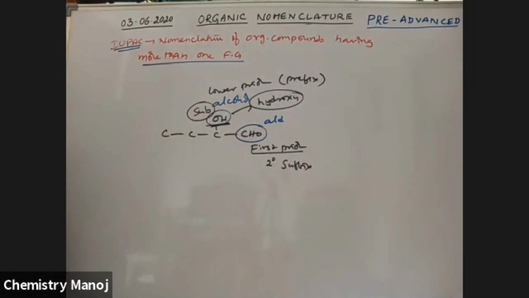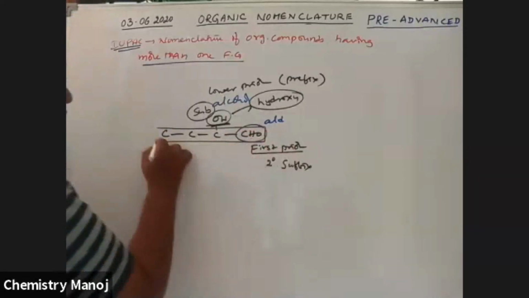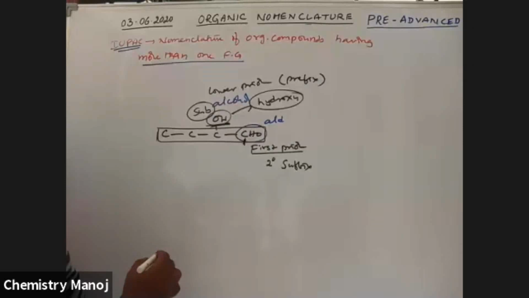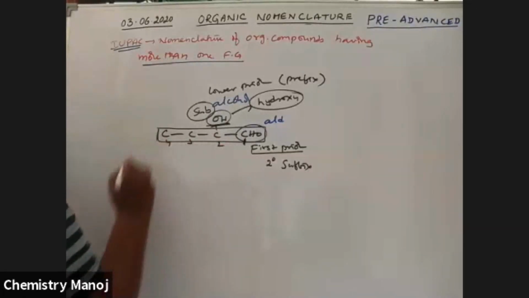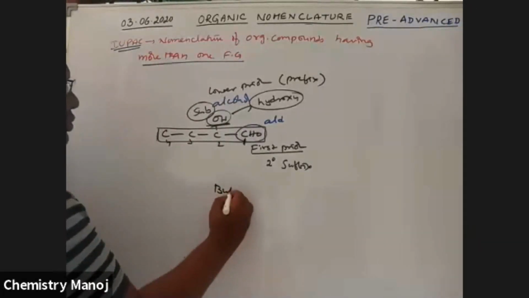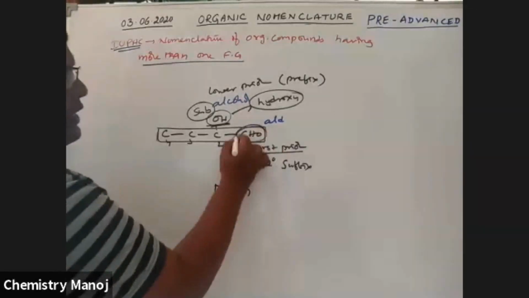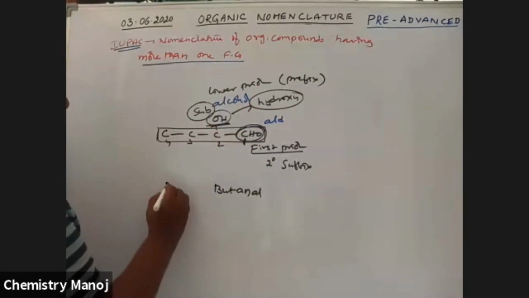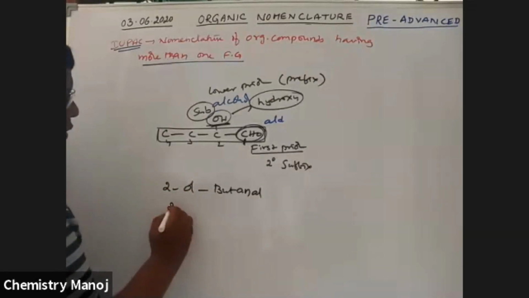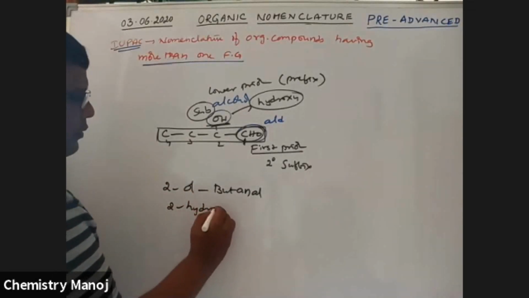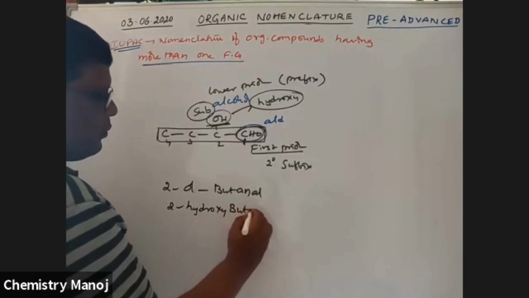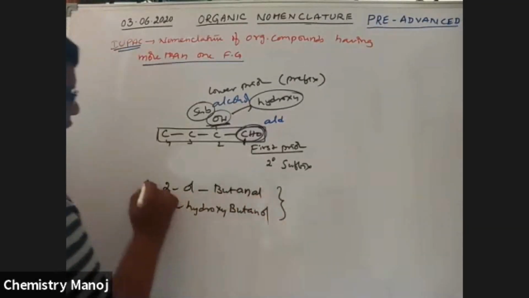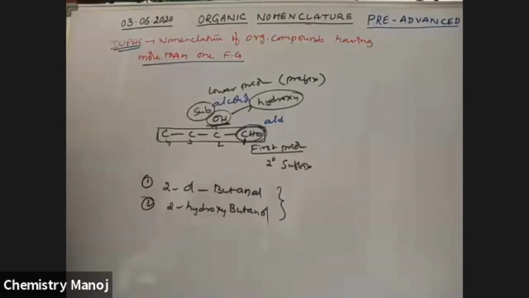Therefore, take the longest chain. If the functional group contains carbon, that should be the first carbon. 1, 2, 3, 4, that is but, AN, this is CHO, AL, butanal. At the second position, OH is there. It is 2-ol or 2-hydroxy. So among them, which is correct, the first one or the second one?